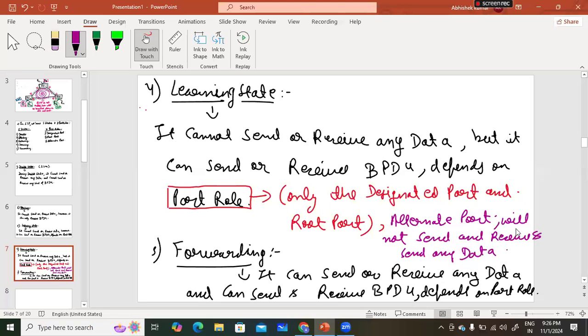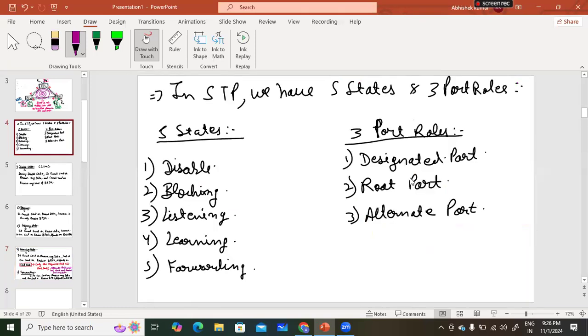Make sure the designated port and root port go up to forwarding status.